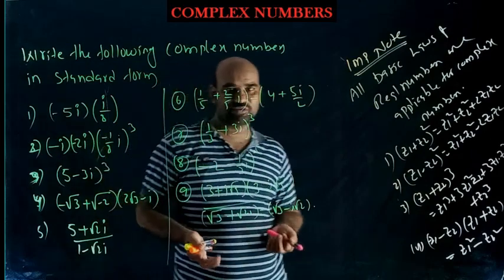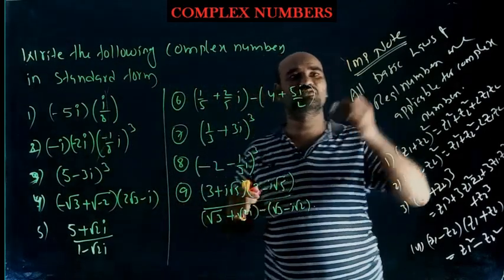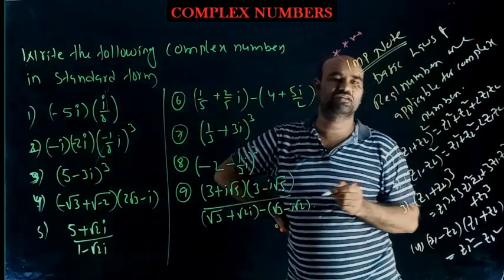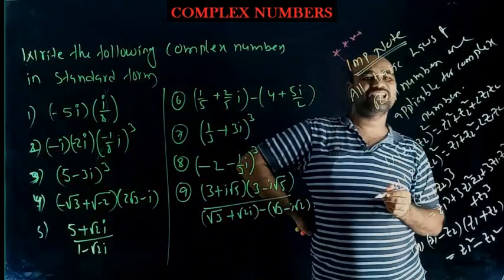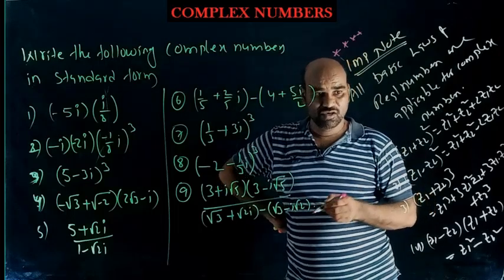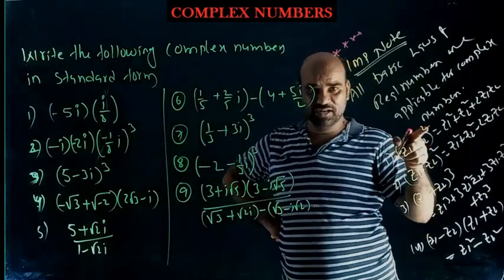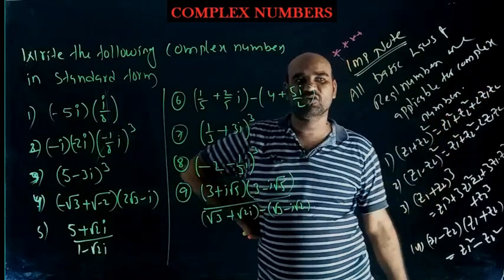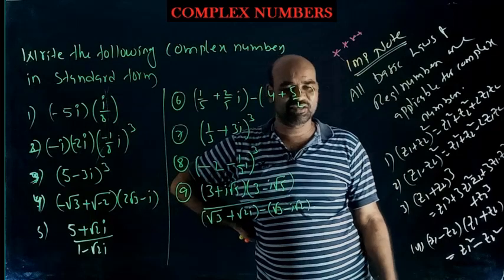Before that, I want to explain to you a very, very important note in complex numbers. All basic laws of real numbers are applicable for complex numbers. Means just like (z1 plus z2) whole square equals z1 square plus z2 square plus 2 z1 z2, just like (a plus b) whole square equals a square plus b square plus 2ab.